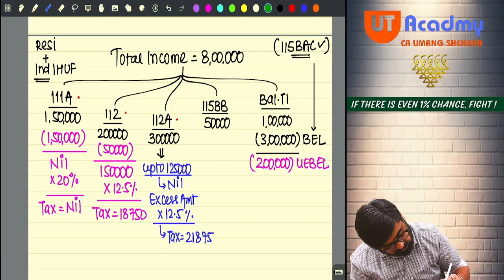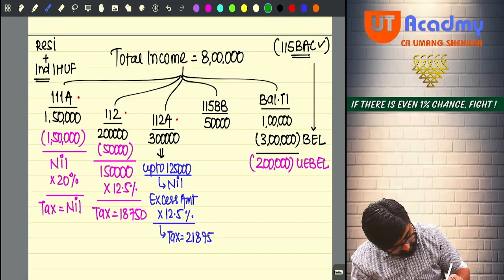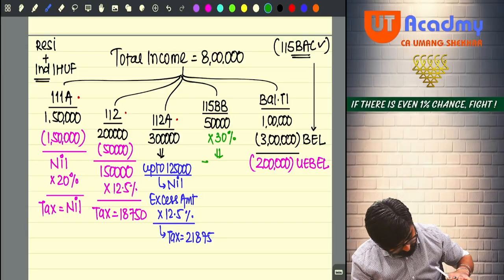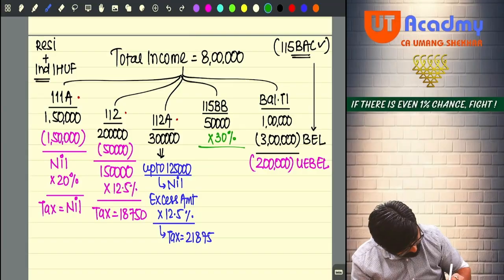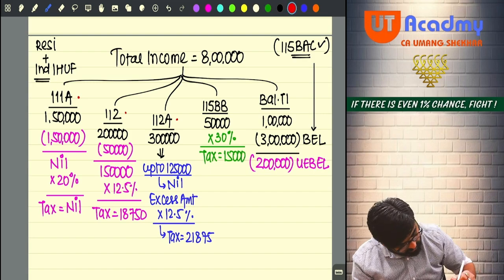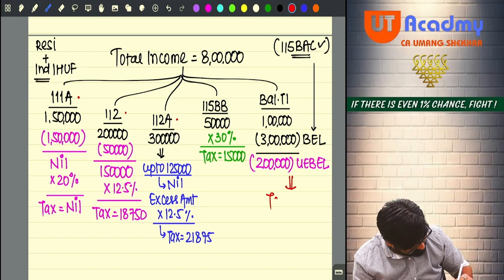On this winnings, I have to pay tax at the rate of 30%. So the tax here will be 15,000. And on this, the tax here will be nil.